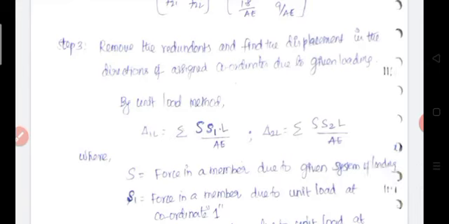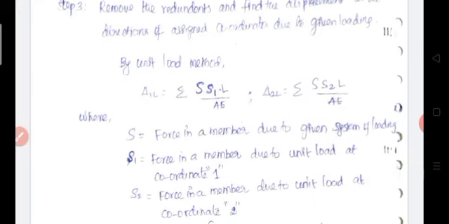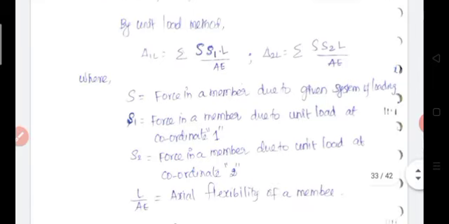Then now remove the redundant and find the displacement in the direction of assigned coordinates due to given loading. Now we are going to determine the displacement of the primary structure in the assigned coordinates. For this also we apply the unit load approach. So deflection delta 1L is equal to summation of capital S small s1 L by AE, delta 2L is equal to summation of capital S small s2 L by AE, where capital S is equal to force in member due to given external loading.